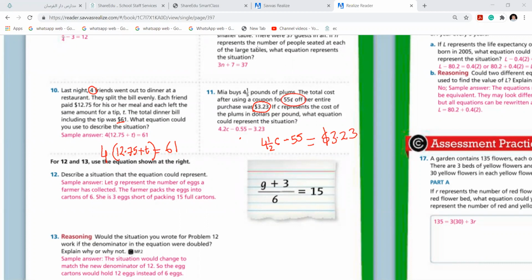If it were a percentage, then only you would put it over 100. So I get 4.5 C minus 0.55, which will give you 3.23. This is the equation, girls. I write it clearly here: 4.5 C, cost of 4.5 pounds. You will subtract, because they said off, that will give you 3.23.